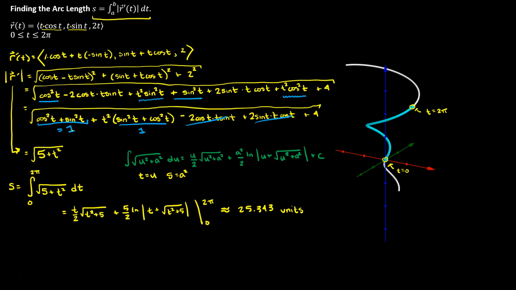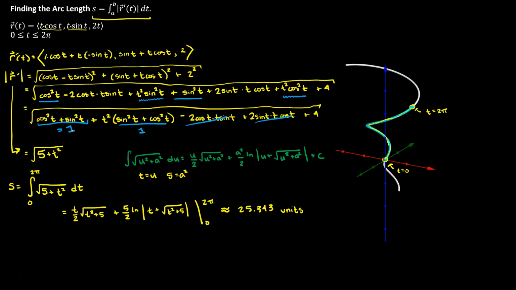Now we don't have the context of this problem, so I can't tell you if that's about 25 inches, 25 centimeters, 25 millimeters. We just know it's 25 units of length, so I'll write that it's approximately 25.343 units. And that represents the length of the curve that we were looking for between the parameter values t equals 0 and t equals 2 pi.